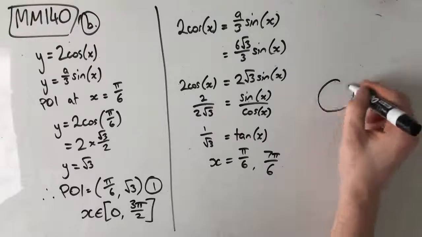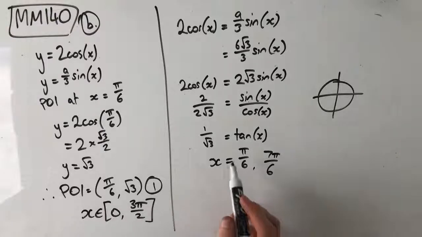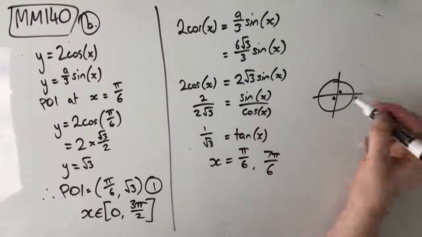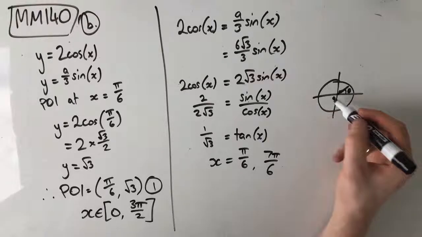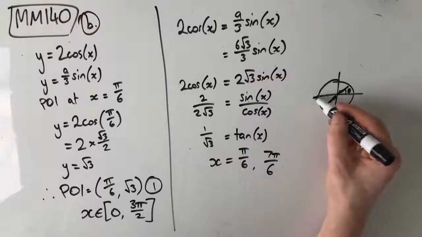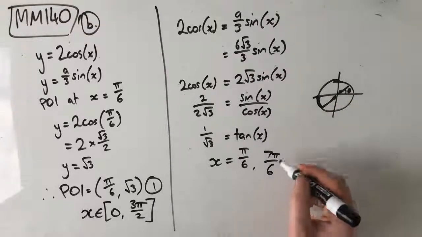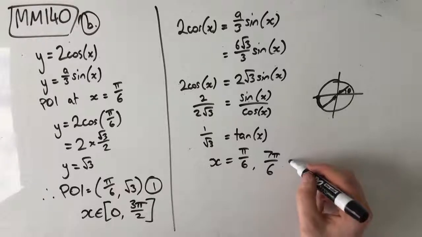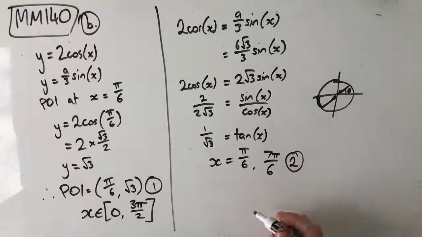Tan x is positive in quadrant 1 and quadrant 3. So our base angle is pi on 6, which means our first angle is simply going to be pi on 6. And then our second angle is going to be pi plus pi on 6, which is 7 pi on 6. So our second point of intersection occurs where x is 7 pi on 6. So this is our second mark here, guys. Our third mark comes from finding the actual point of intersection, the coordinates.